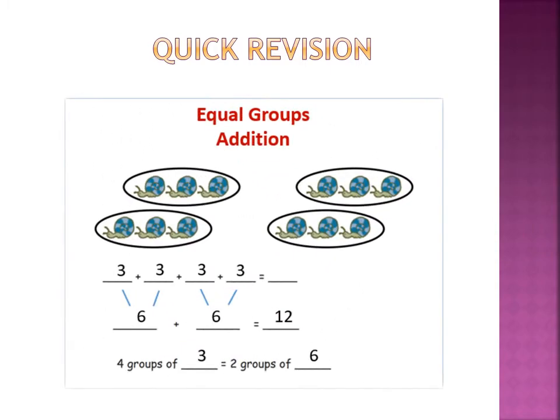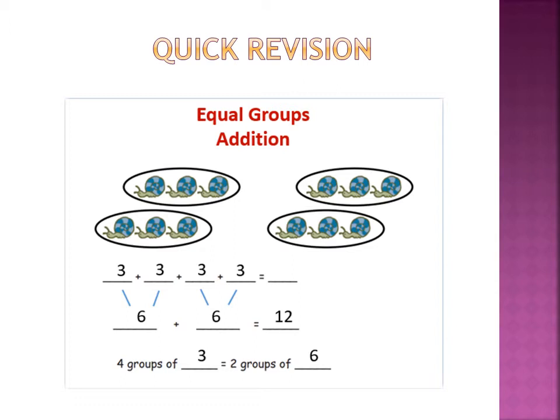First of all, we will be discussing what equal groups addition is. Whenever we have groups, the number of groups may vary, but the number of objects in each group will be the same.